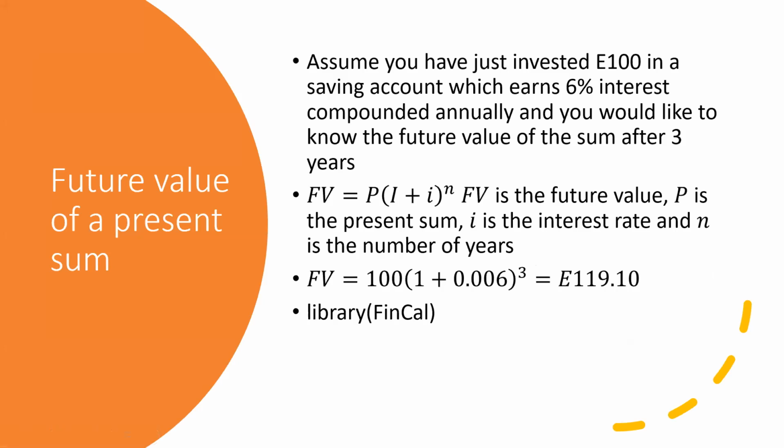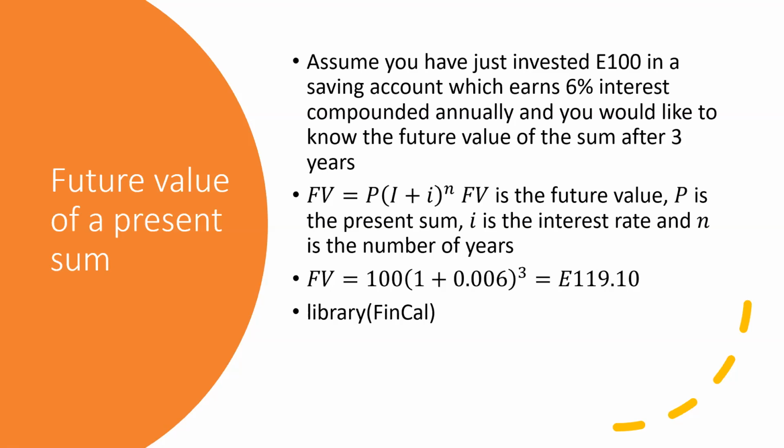Here is a typical example. Assume you have just invested 100 Emalangeni in a savings account, which earns 6% interest compounded annually. We would like to know what the future value of the sum will be after 3 years.